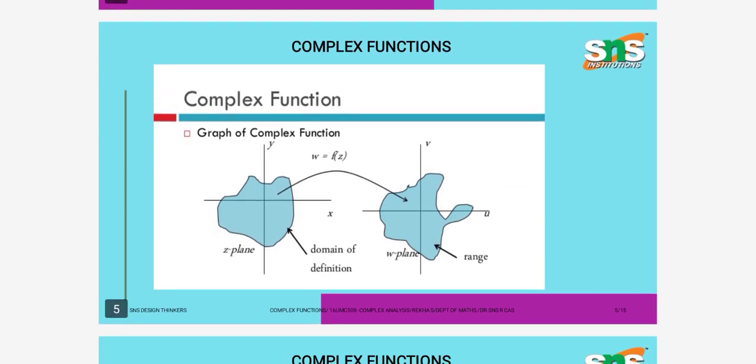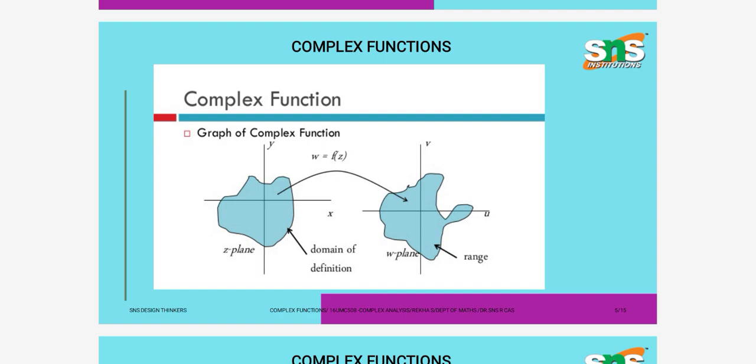If you go with the diagram, to understand what a complex function is, you can consider the z plane. All the functions are transformed to a w plane. In the z plane we apply some function and get a w plane, that is w equal to f of z.